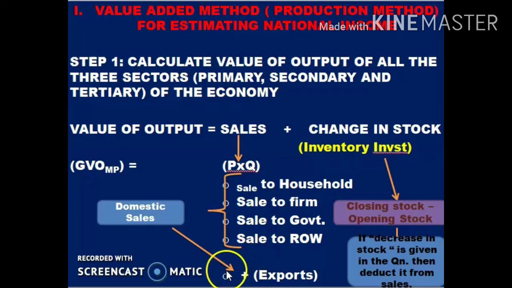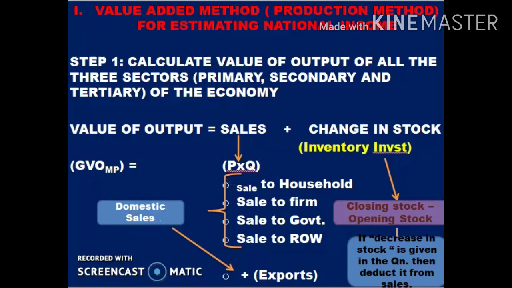We are selling, this is all the transactions taking place, that is, the output has been sold, plus the change in stock. So the sale may be given as domestic sales plus exports also.